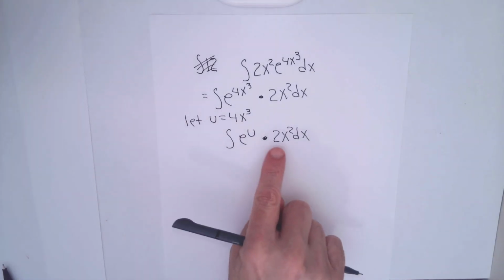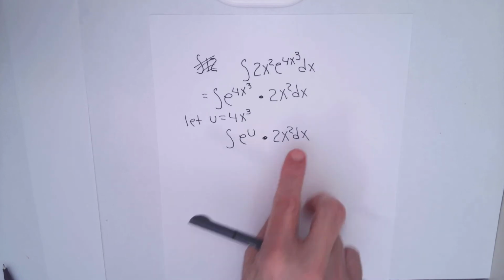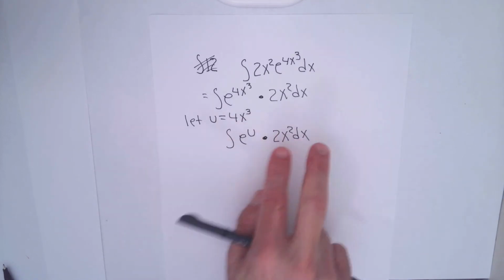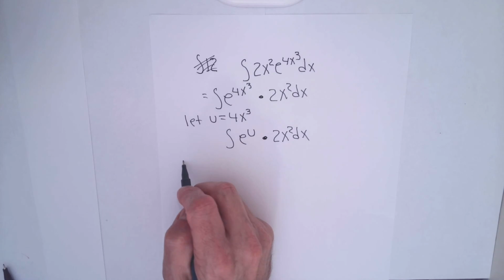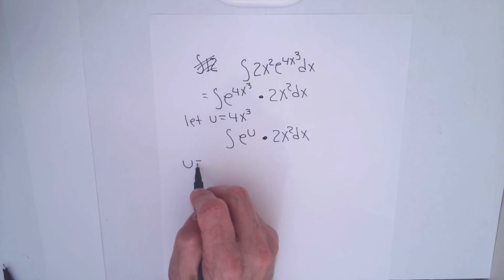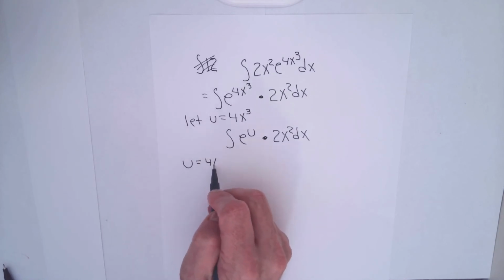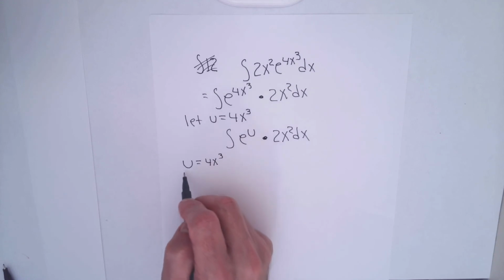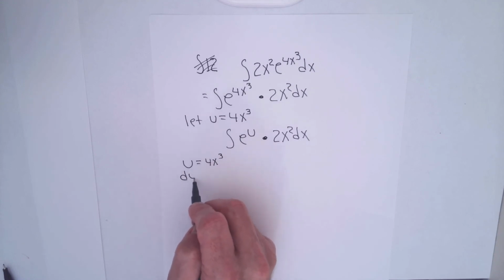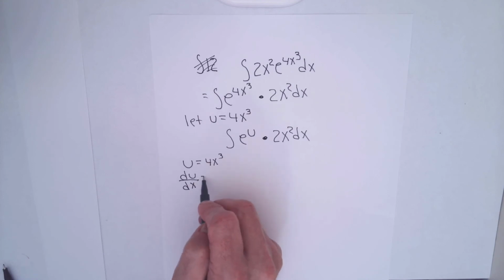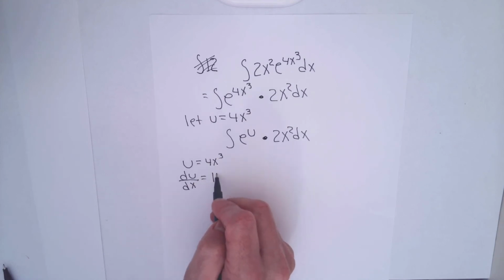Now I have the problem with u's and x's. I need to use the derivative of u to get rid of that. Last trick. So u is 4x cubed. Let me do its derivative: du/dx, and the derivative of 4x cubed is 12x squared.